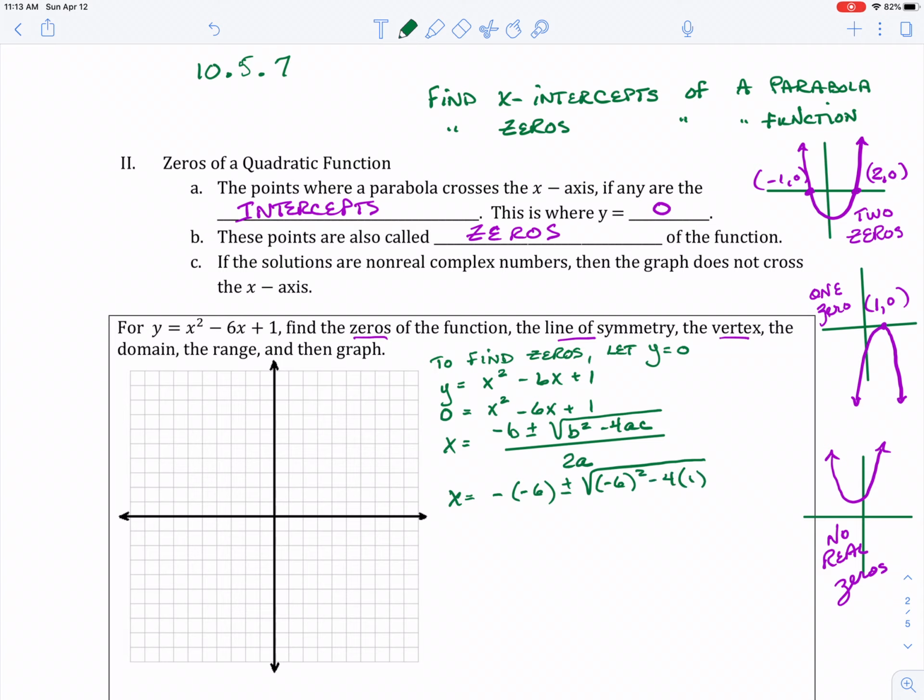And of course, I didn't identify A, B, and C overtly for you to see, but I'm hoping you remember where these values are coming from. B is -6, C is +1, and A is +1.